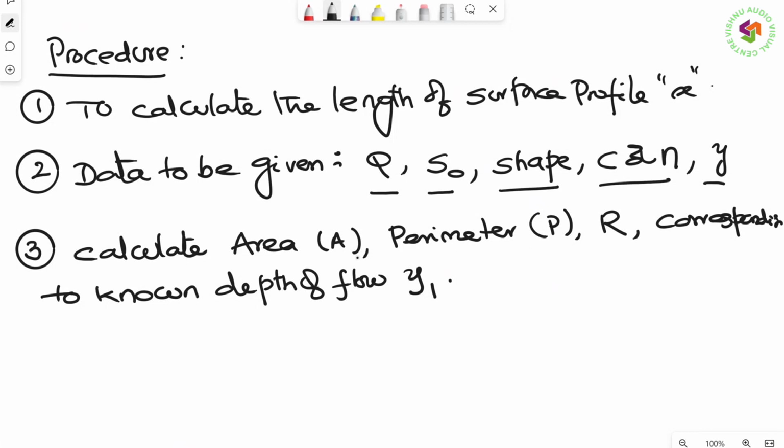Normally rectangular only is given. So therefore area is b into y1, perimeter b plus 2 y1, R is equal to A by P. That's all what you will do.